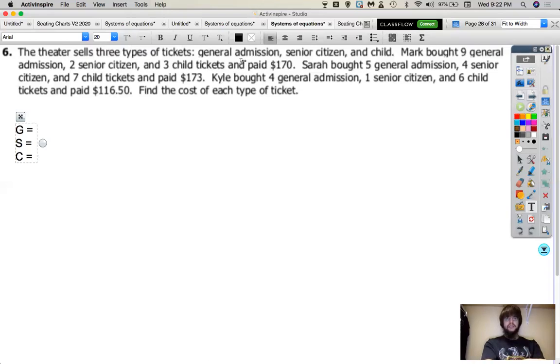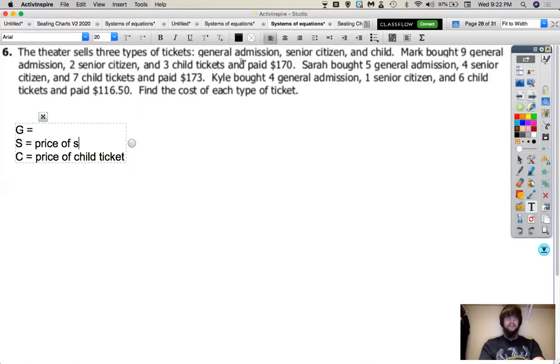So is it going to be the number of child tickets? Let's find out. Mark bought 9 general, 2 senior, and 3 child, so we know the number of them. Find the cost of each type of ticket. So cost, price, what are you going to call it? Price of child ticket.